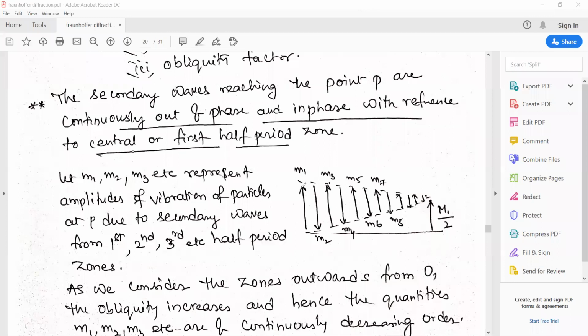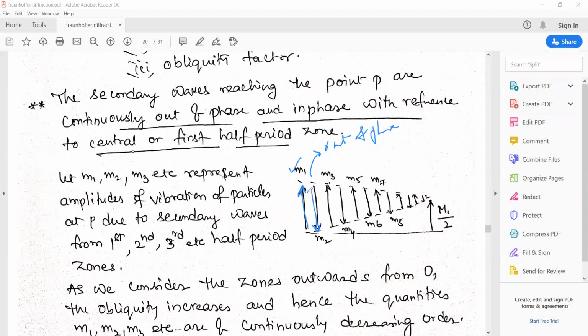So the waves coming from the first zone have amplitude M1. Similarly, for waves coming from the second zone, you see here I am keeping the downward arrow. That means out of phase. And upward arrow means in phase.